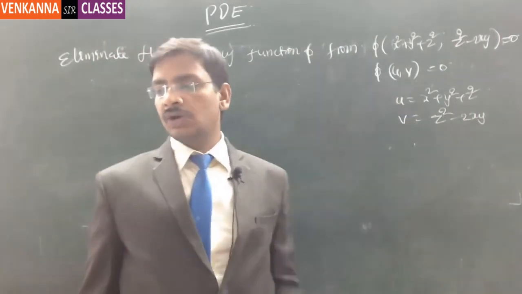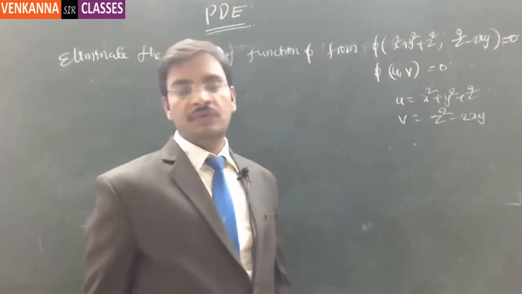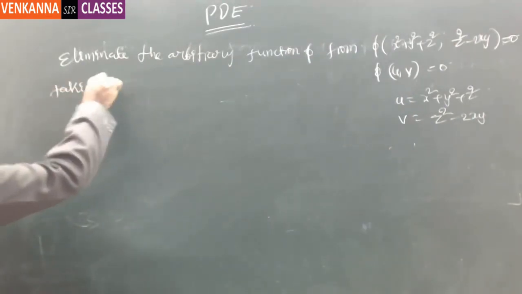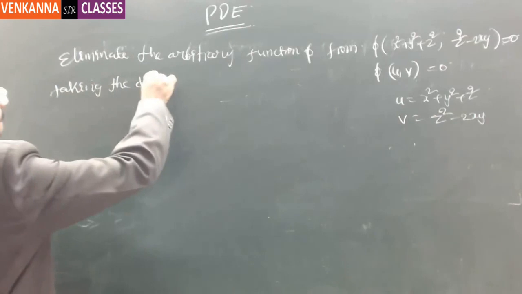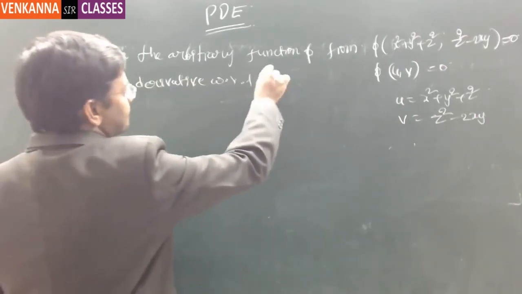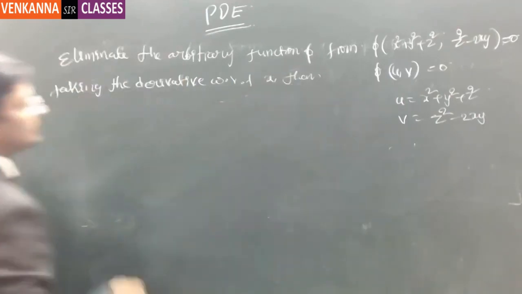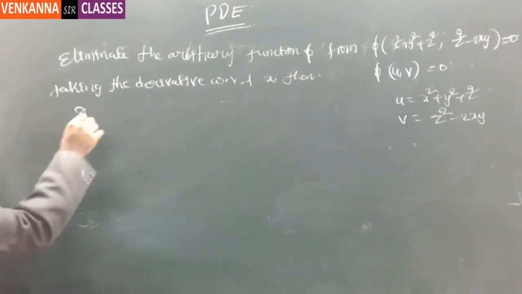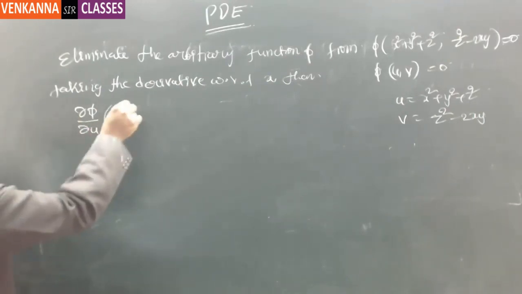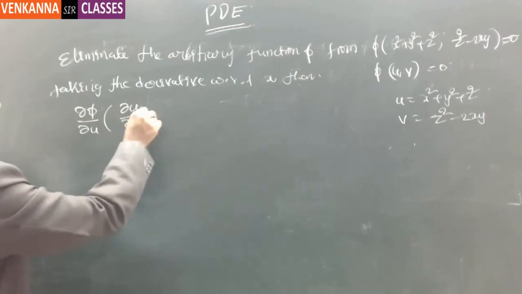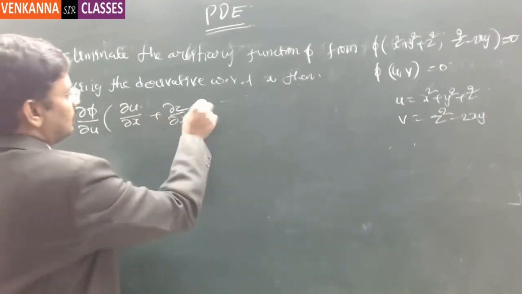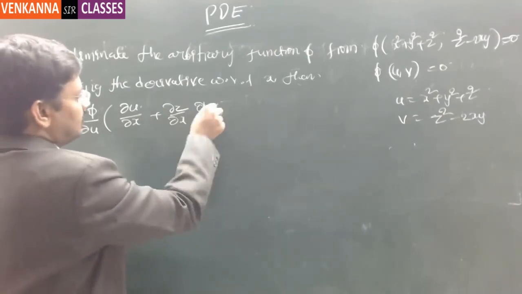Now phi is a function of u comma v. Now if you take the derivative with respect to x, then it is going to be dou phi by dou u into dou u by dou x plus dou z by dou x into dou u by dou z.